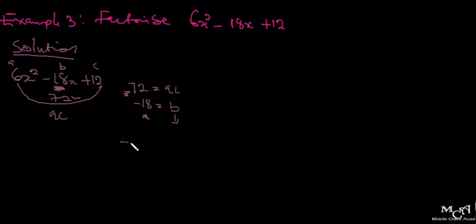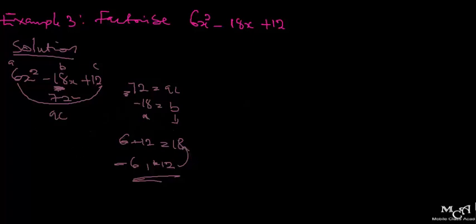When we add 6 and 12, we are going to get 18. So what will I do to 6 and 12 to get minus 18? I'm going to do minus 6 and minus 12. Is that clear? Minus 6 minus 12 will give me minus 18. So that's another way to do that.